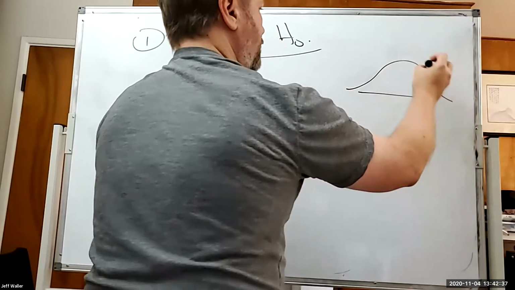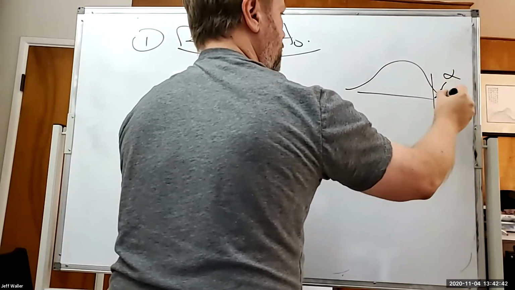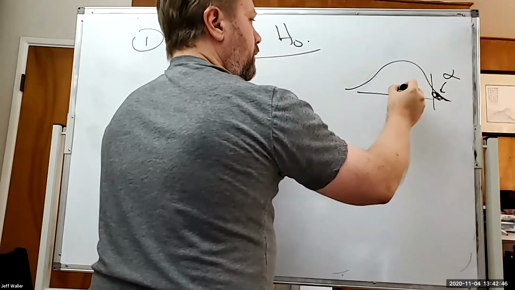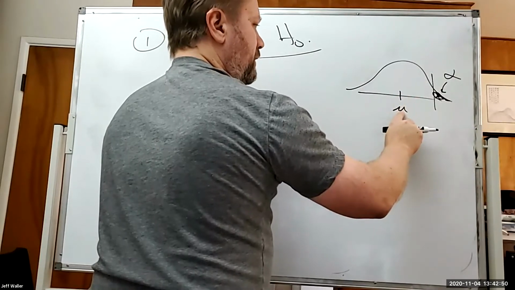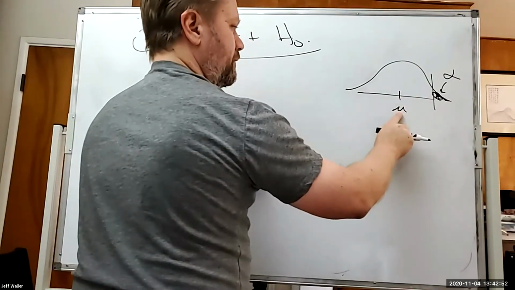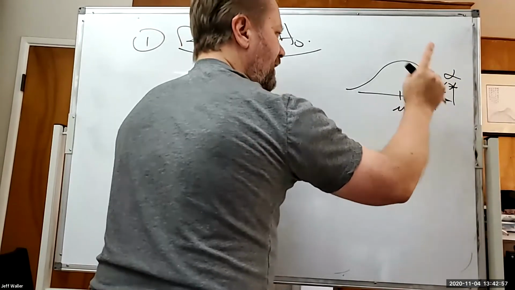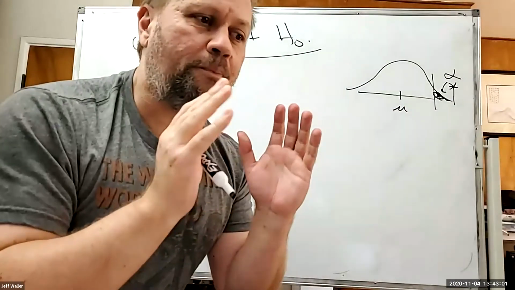So if I have a one-tail test, this is going to be alpha in here. This is my rejection region here. And the whole idea is, I think that the mean is actually higher than this. So if I get in here, that is evidence that the mean is actually higher, but it isn't proof.